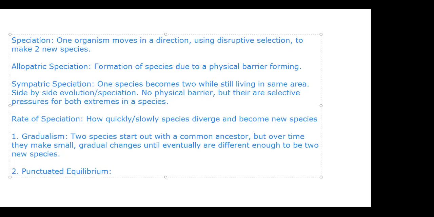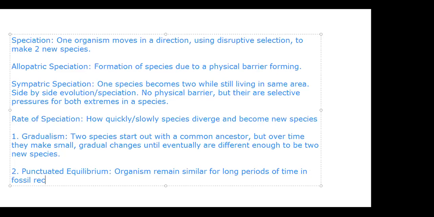Punctuated equilibrium is where organisms remain similar for long periods of time in the fossil record and make large jumps in appearance of two species over periods of time.